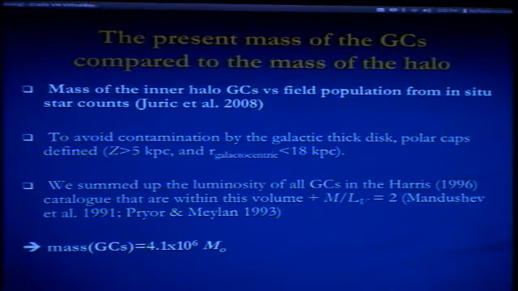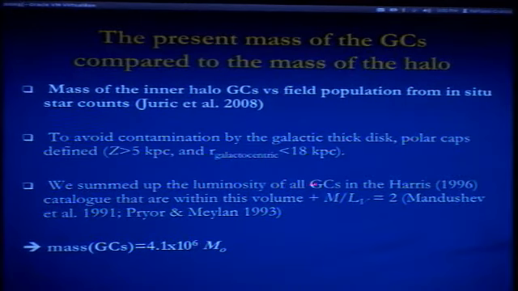Okay, let us now compare the present mass of the globular clusters to the mass of the halo. The mass of the halo can be obtained from in situ star counts, and the globular clusters from summing the mass of the globular clusters. To avoid contamination by the galactic thick disk, in the first instance we may use only the polar caps.